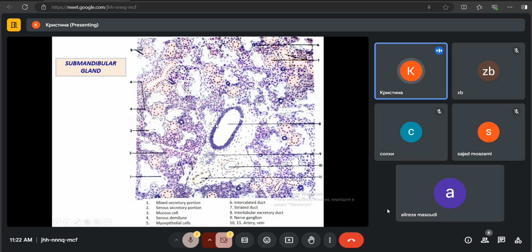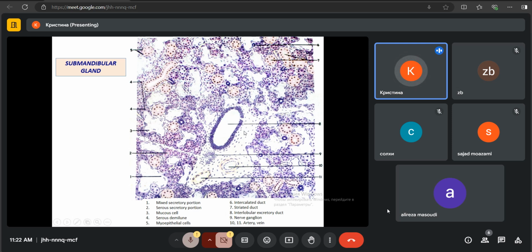It has three or more layers of cuboidal cells in its wall, so it is lined with stratified epithelium, and no myoepithelial cells are present. So this is the interlobular excretory duct. We should also have an intralobular one, which should be located inside the lobule, but it is not present in this particular picture.